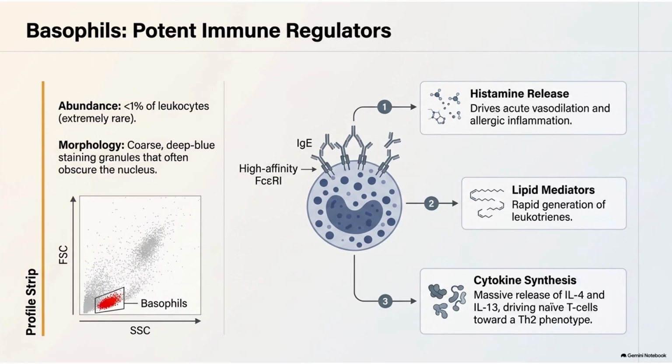So think about what happens after a mosquito bite. Within a short period of time, the area becomes red, warm, swollen, and itchy. Histamine is one of the mediators that can contribute to those vascular and sensory changes. In a real mosquito bite, tissue-resident mast cells are particularly important, so I don't want to incorrectly attribute that reaction entirely to basophils, but it's a useful illustration of what histamine can do to a local tissue environment.